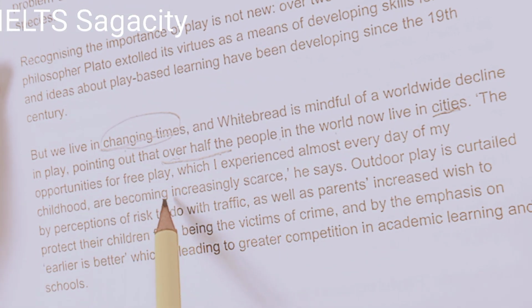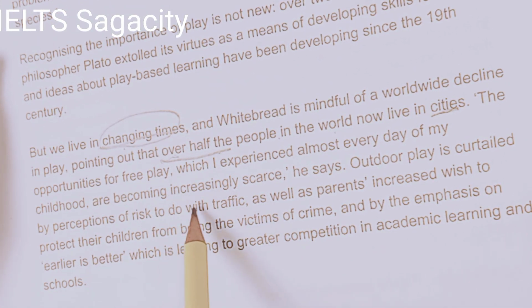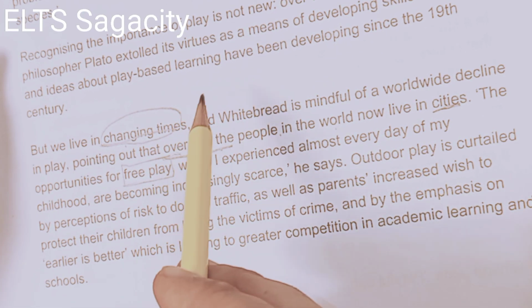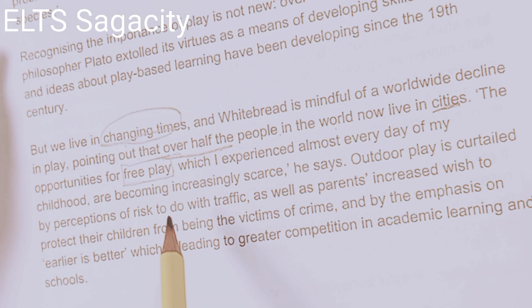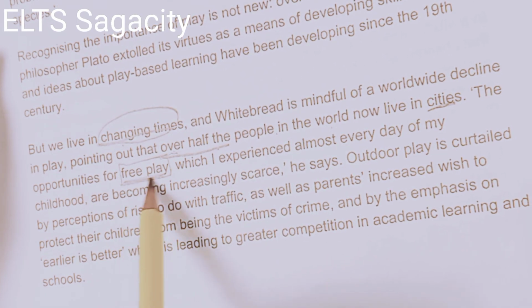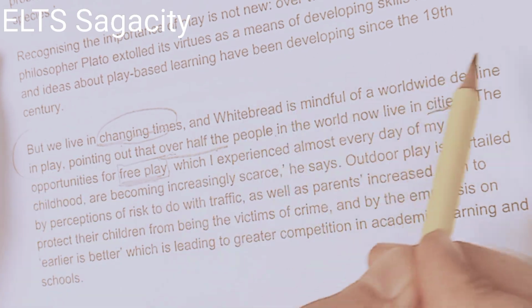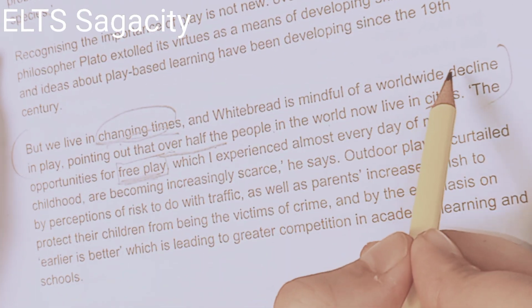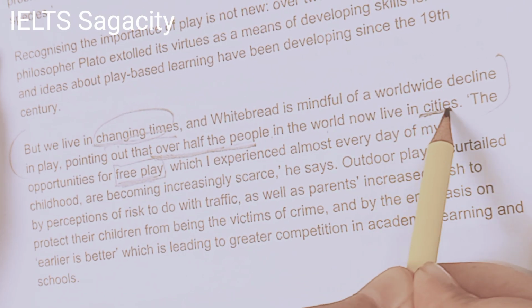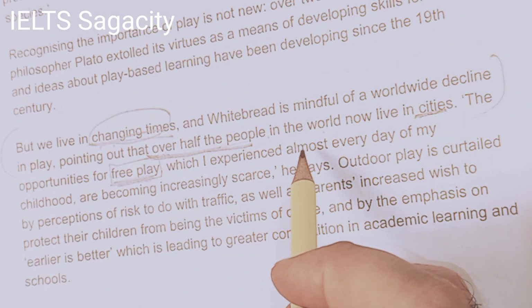If you find a word or expression related to free play somewhere, that also helps you identify the premises of your answer, because it has to follow an order most of the time. So the answer was somewhere before this expression, and it had to be here because of changing times and over half of the population in the world now live in cities, so commonsensically it has to be cities.